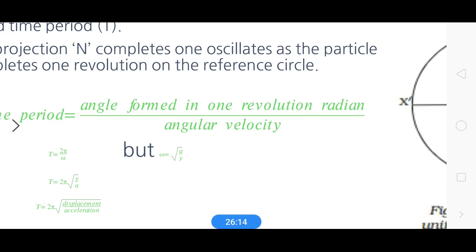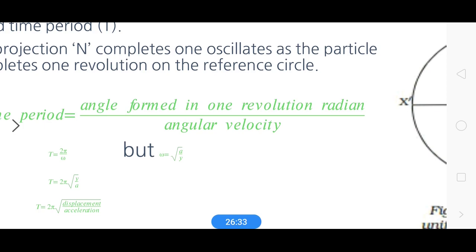So here the time period is equal to 2 pi by omega, that is 2 pi by under root of a by y. So T is equal to 2 pi under root of y by a, the time period of the particle executing SHM.